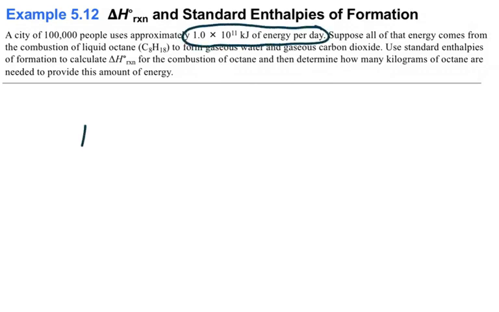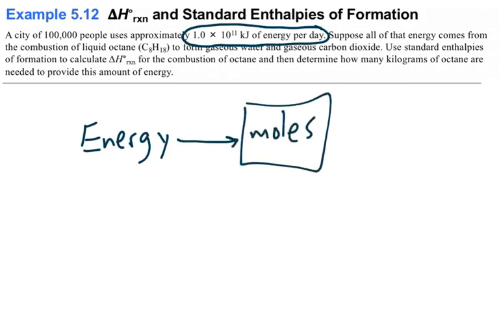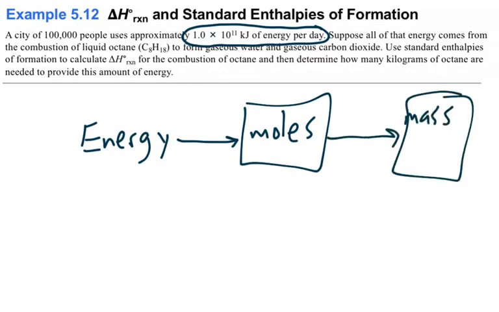The goal is to start with this number, with the energy, and then we're going to have to convert it to moles by using the conversion factor from the equation, and then going to mass. Now when we go to mass, this will probably be in grams. According to this, they do want the answer in kilograms, so we'll probably have to do an extra step, and that will be to convert from grams to kilograms.